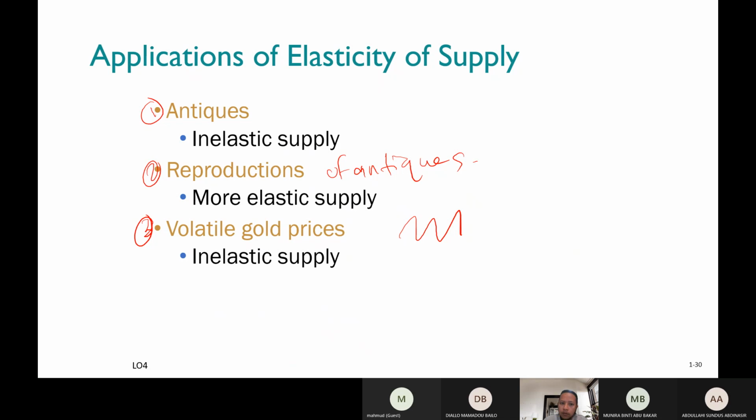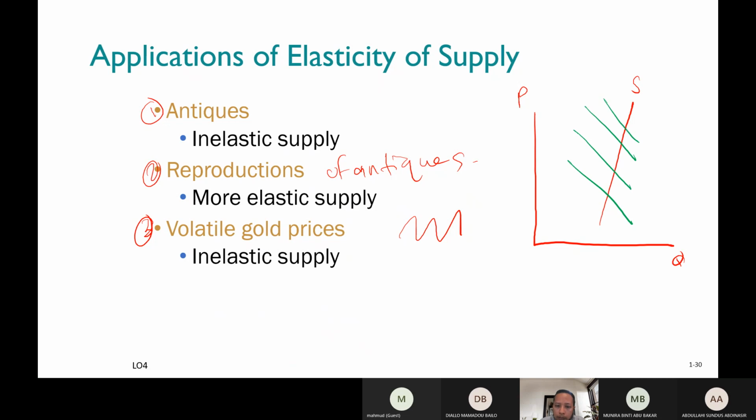If you look at the illustration, the supply is inelastic. Price is here, quantity is here. But what happens is that demand changes.